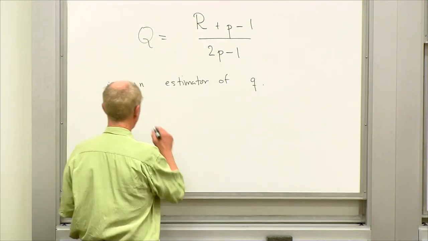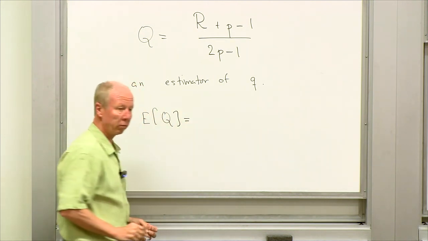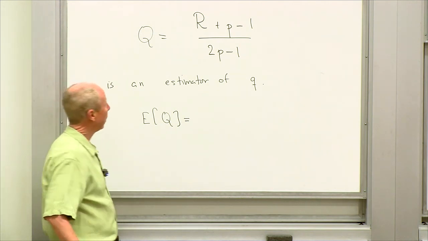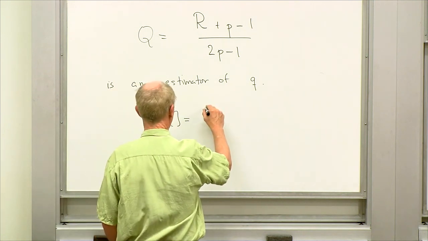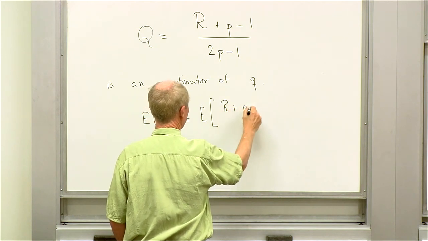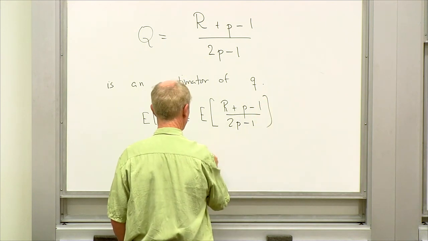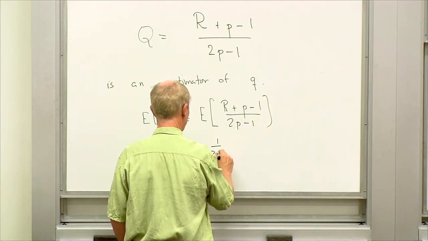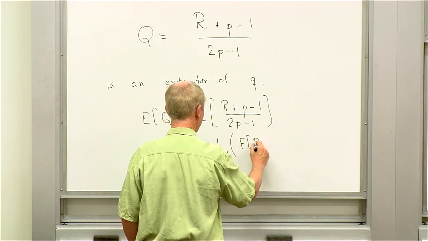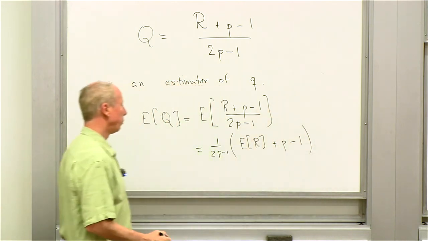What about the expected value of Q? Is this an unbiased estimator of little q? Yes. Do you agree with that?